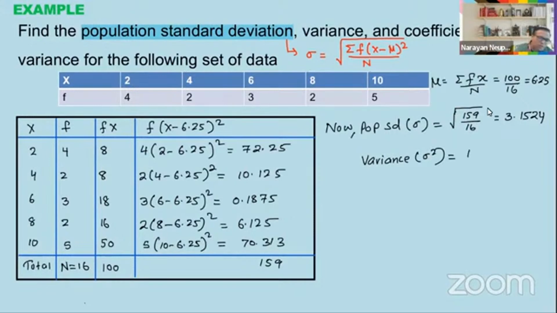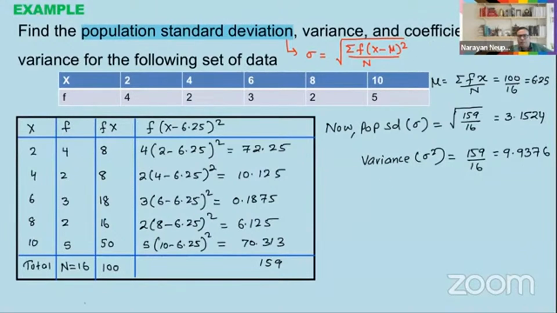It will just be 159 over 16. You can type that in your calculator to get the decimal value. You should get 9.9376. 159 divided by 16. That is the variance, right?